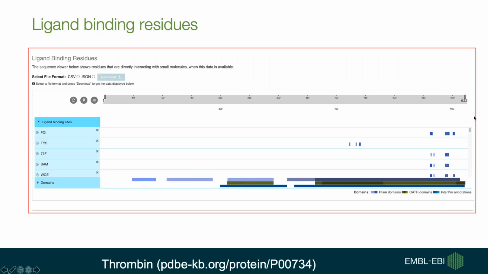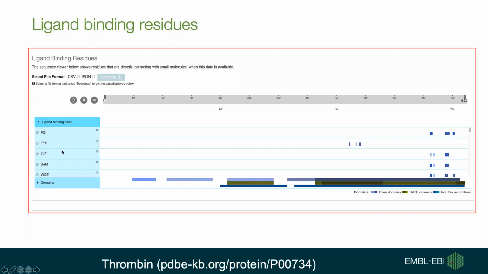So this is a component which gives you the information on the ligand binding residues, which is similar to the interface residue section we saw in the previous slide. This component shows the ligand binding residues for a UniProt accession.